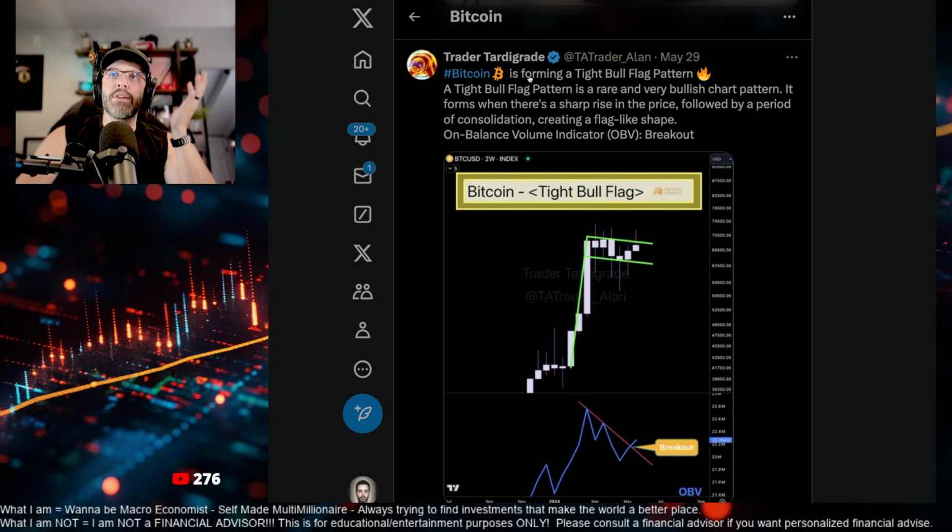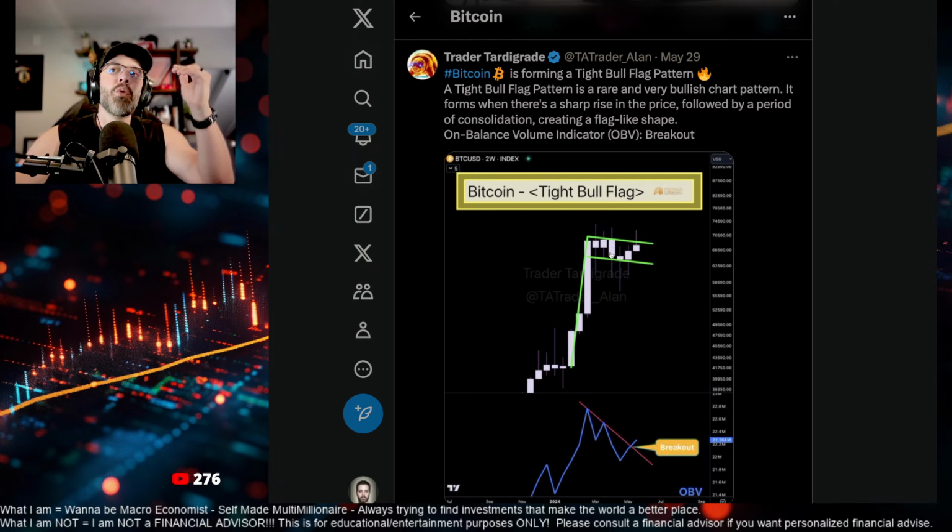This one right here is signal. Again, Trader Tardigrade is a good dude. Says we're forming a tight bull flag when you look at the appropriate time frame. He's looking at the 2-week. It doesn't matter. The weekly looks pretty much like this too. The range is actually really tight. We might wick in and out on a shorter time frame, right? We might wick in and out of some things. But when you start to look at a longer time frame, it's a bull flag.